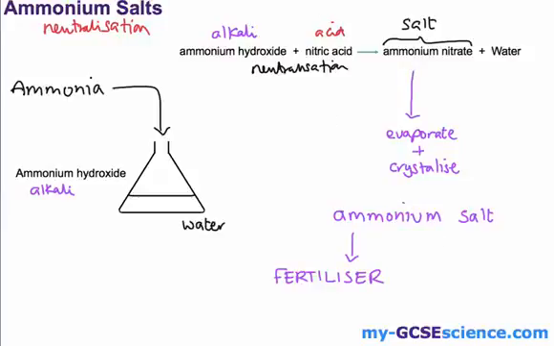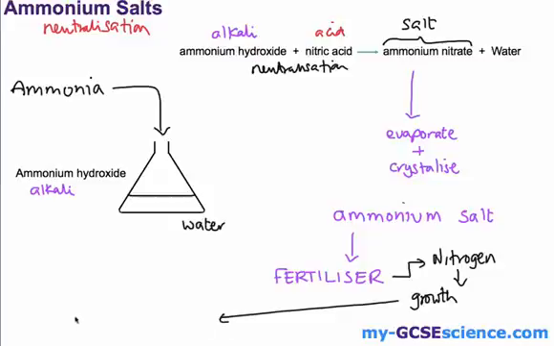And the reason why they are so important is because ammonium contains a very important element called nitrogen. So nitrogen is found within the compound, and this is very important because it's required for growth. In actual fact, if you want to be really clever about it, it's required to make amino acids.